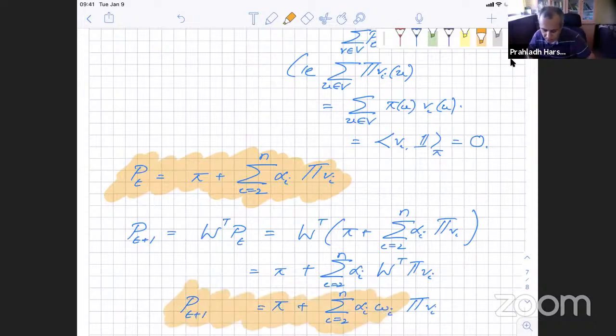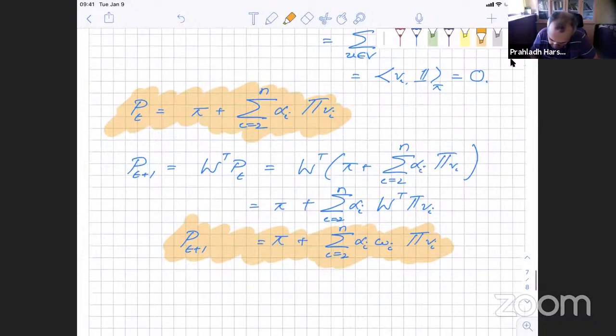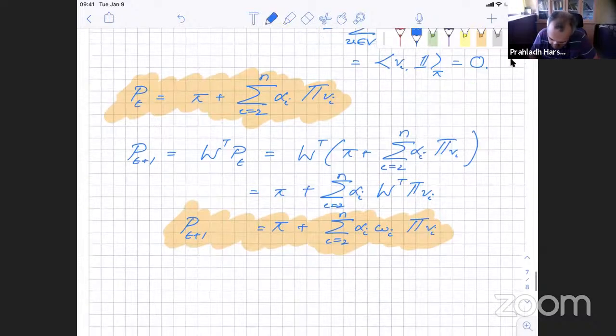Okay. So now let's go back to what we want. We wanted to understand the two norm of pi inverse p t minus 1, the two norm of this. Let's square it and work with this.